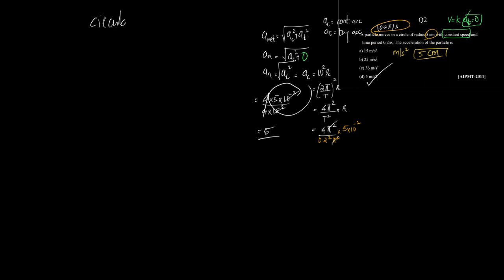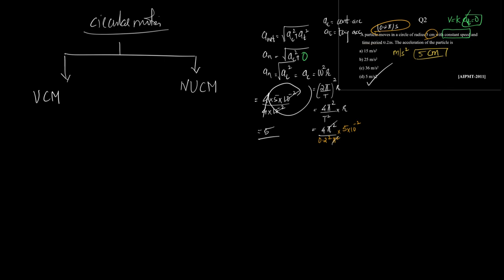So, circular motion can primarily be divided into 2 types. One is uniform circular motion and the other is non-uniform circular motion. Non-uniform circular motion would again be of 2 types: accelerated circular motion and retarded circular motion.